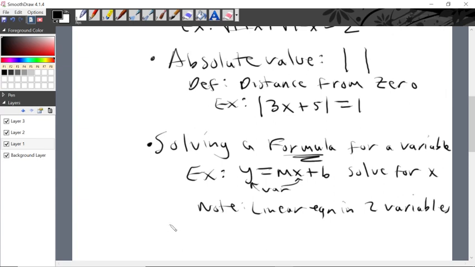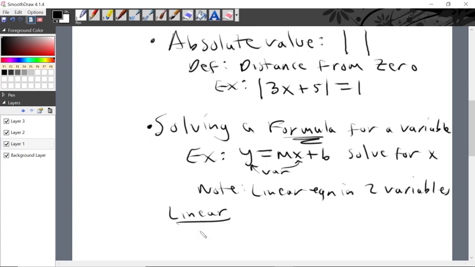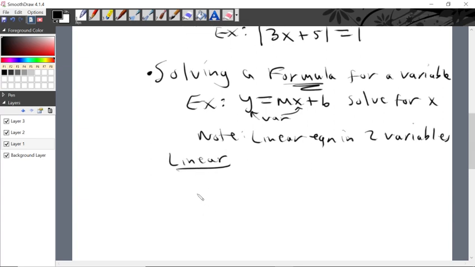And again, we defined a linear equation as having three defining characteristics. One, all the variables are to the power of 1, so they have the exponent of 1.